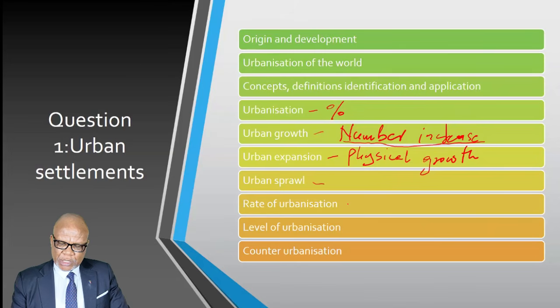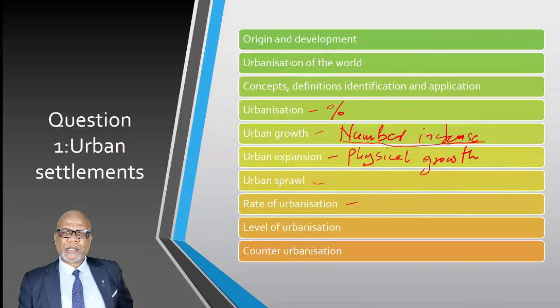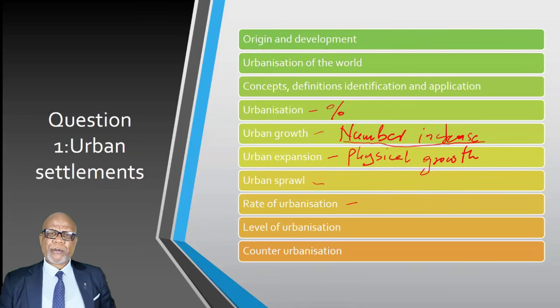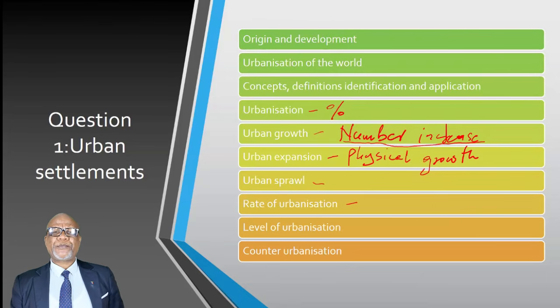Then we have rate of urbanization. So what is rate of urbanization? It simply refers to the speed at which urbanization is taking place. When we're looking at the rate of urbanization, we can say it is slow or fast. So what is happening in poor countries?